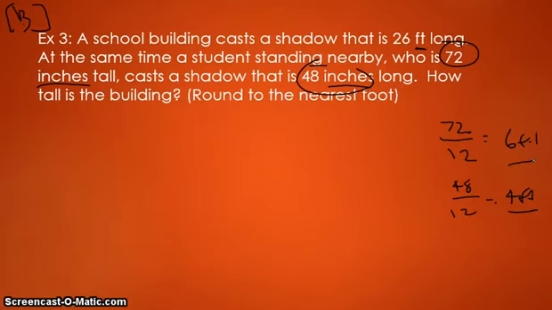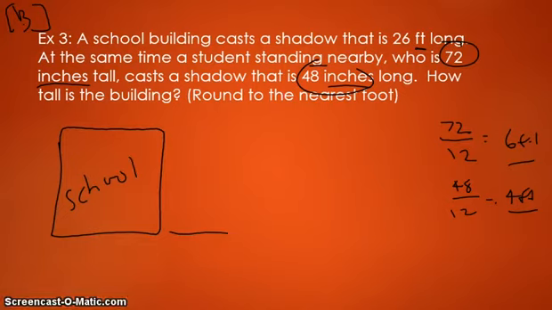So let's draw a little picture of a school. Great picture, huh? School. And let's say there's a shadow that goes out to here. This is 26 feet. Okay, 26 feet for the shadow. And we're saying that this right here is the hypothetical height of the building. Up here, something up here is going to give us that. So there's our triangle that's formed. Let's just put how tall is the building.